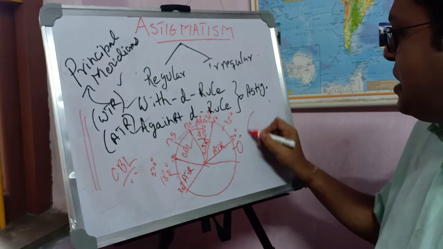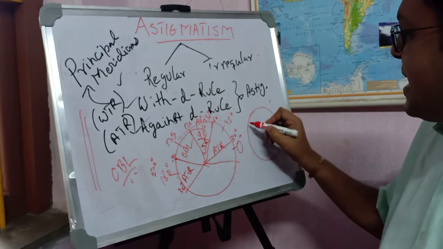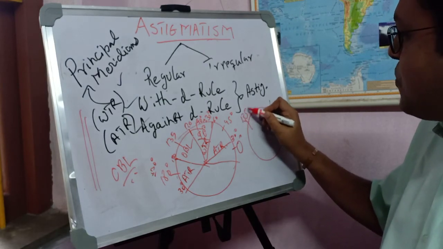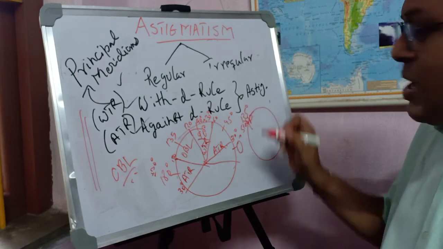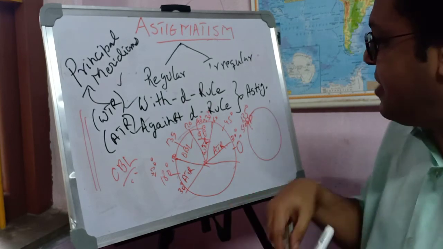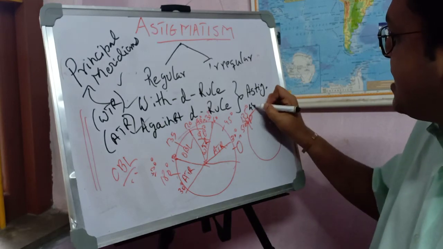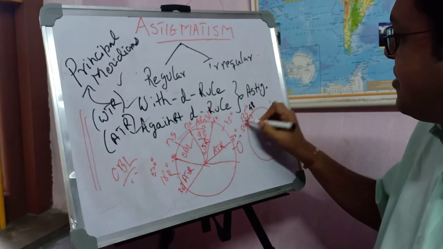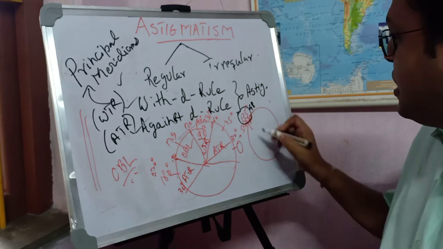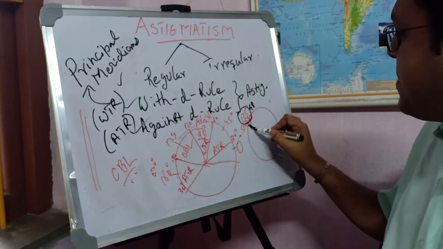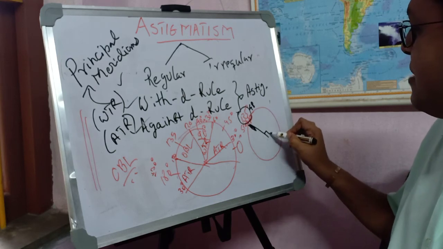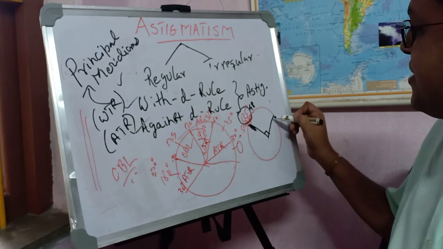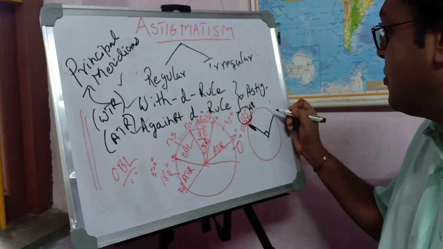For example, you may be wondering about oblique astigmatism. Say the patient has a steep meridian at 135 degrees. This patient may have, say, 48 diopters at 135 degrees. Where will the flat meridian be? The flat meridian will be exactly 90 degrees away if this patient has a regular astigmatism.